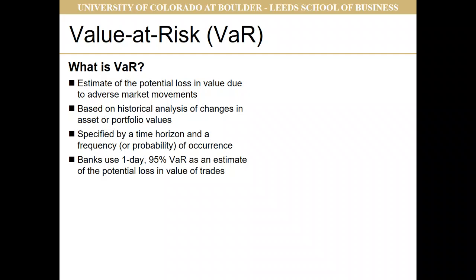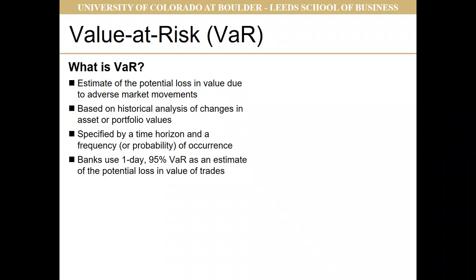So worrying about a 10-day loss is not a realistic thing to worry about because by the time 10 days happens, your position's changed. Second, 95th percentile is a nice number because that means 5% of the time the loss is bigger than this number, 1 in 20 days. That actually happens often. And so we can test whether our number makes sense.